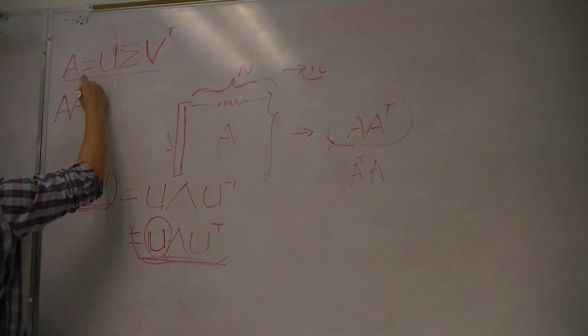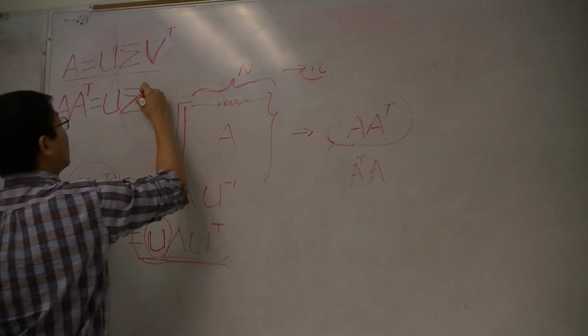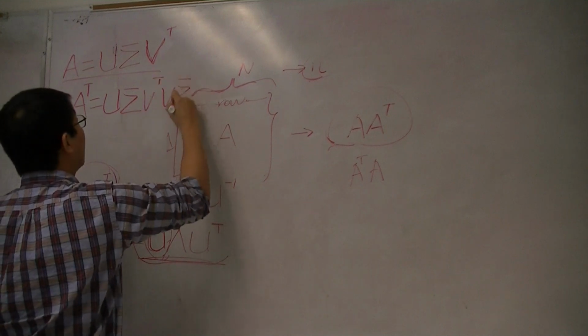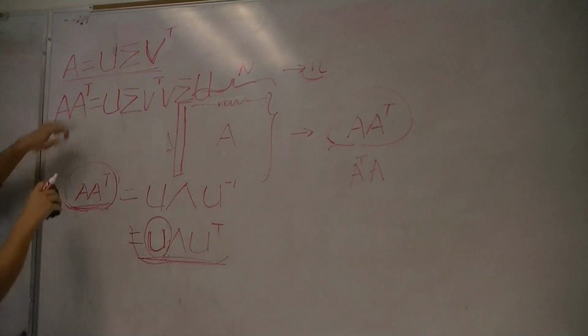Similarly, we calculate this one, and it equals the left singular vectors times sigma squared times the left singular vectors transposed.